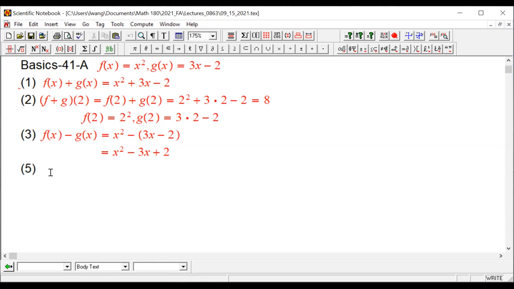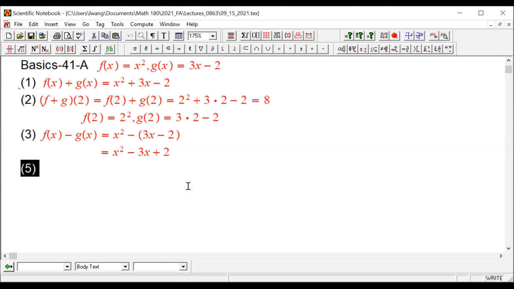And then can we do one of the ones at the bottom, the composition, from the same basic 41A? Which one?